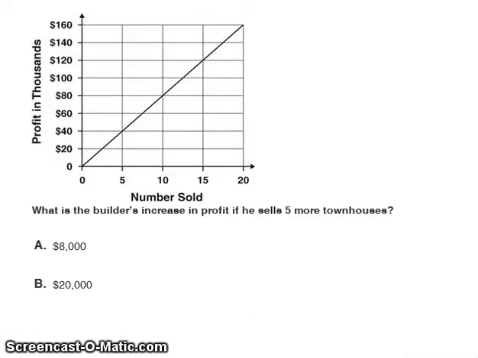Had lots of questions on this one. I had several students who wanted to extend this graph to 25 and then go up. And you could do that if you really wanted to, but it doesn't say. All you got to do is look right here.